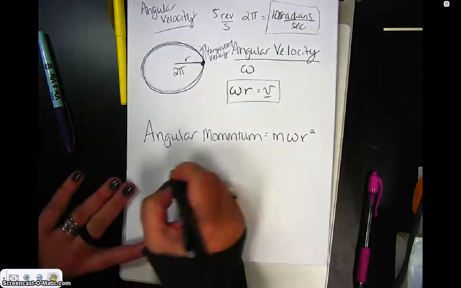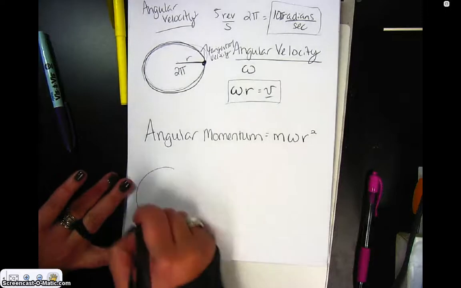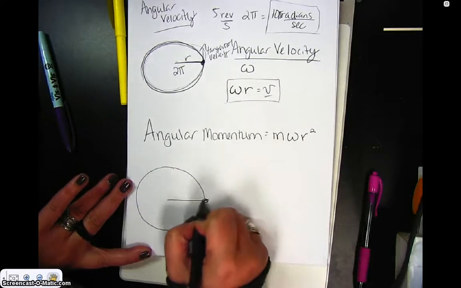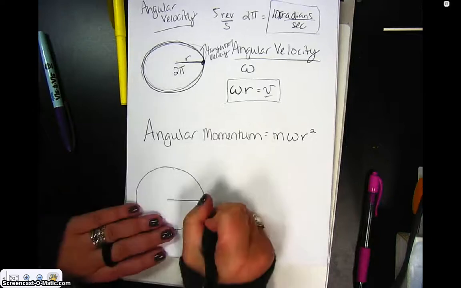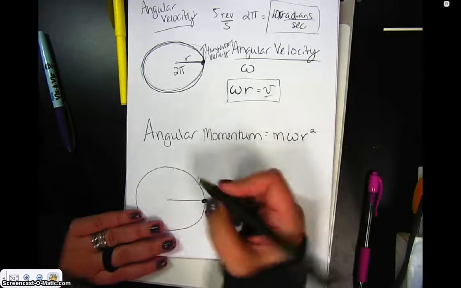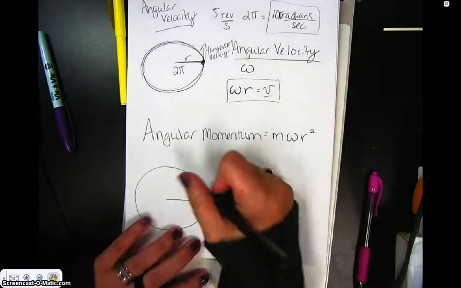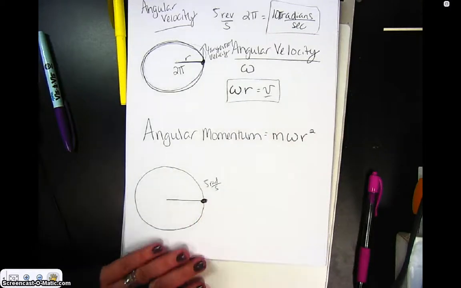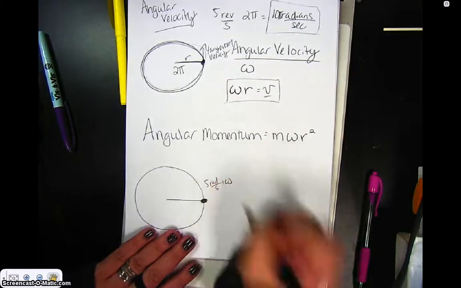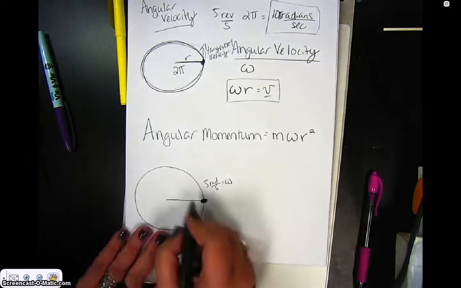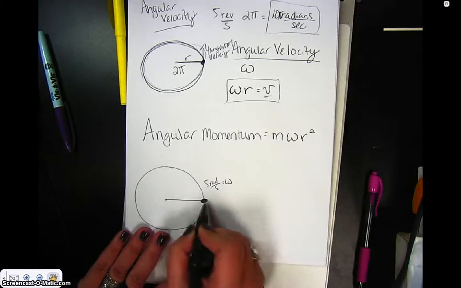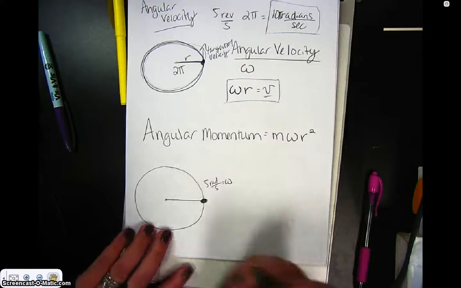Okay? So let's say that we were to have an object, and it's rotating in a circle, right? And let's say it's going in this direction, and we'll just say it's going 5 radians per second, right? So this would be my angular velocity, and it has some distance or some radius of the arm here, and I don't know, I'll just make a number up.